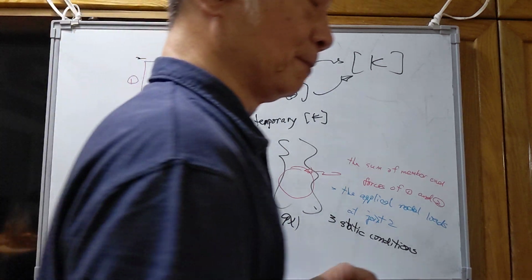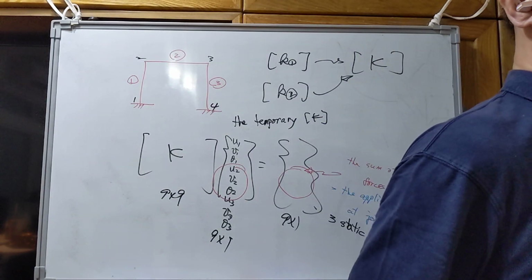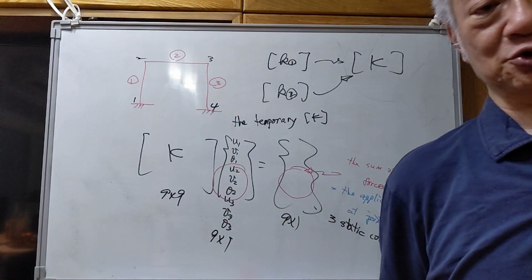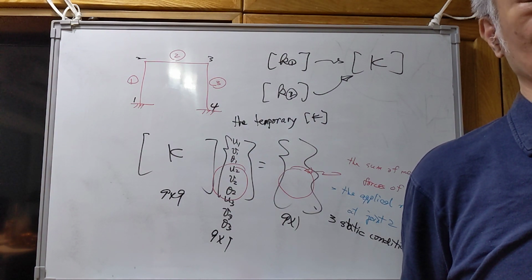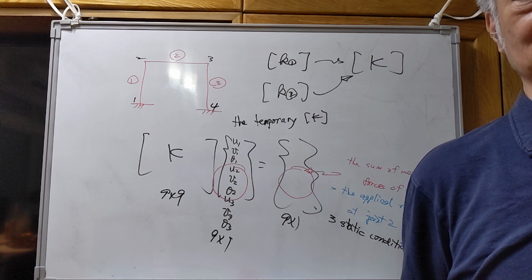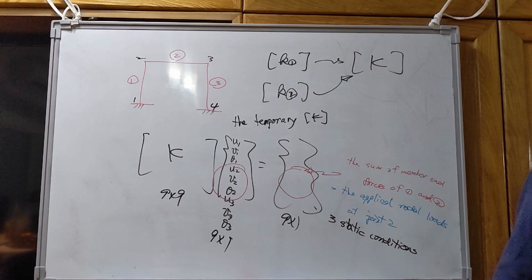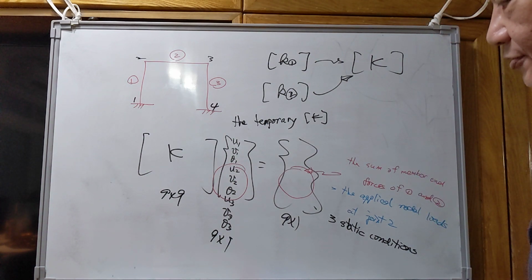Since we know the assembled global stiffness matrix and we know the 3 elements in the force vector, we got the 3 static conditions.